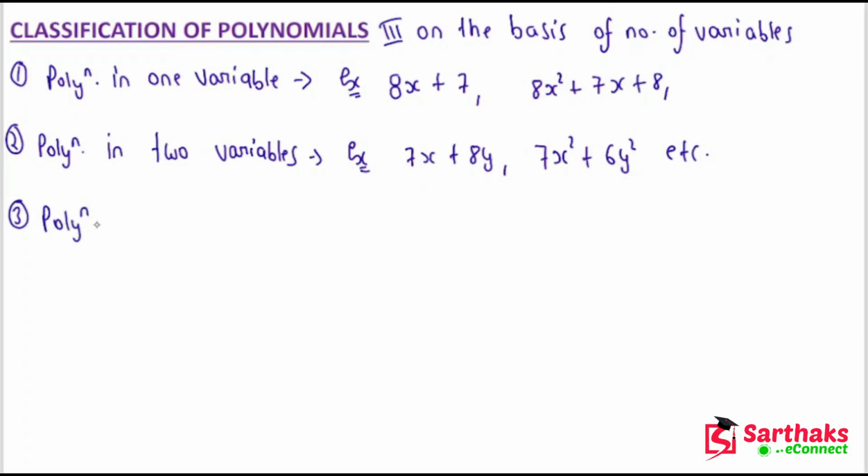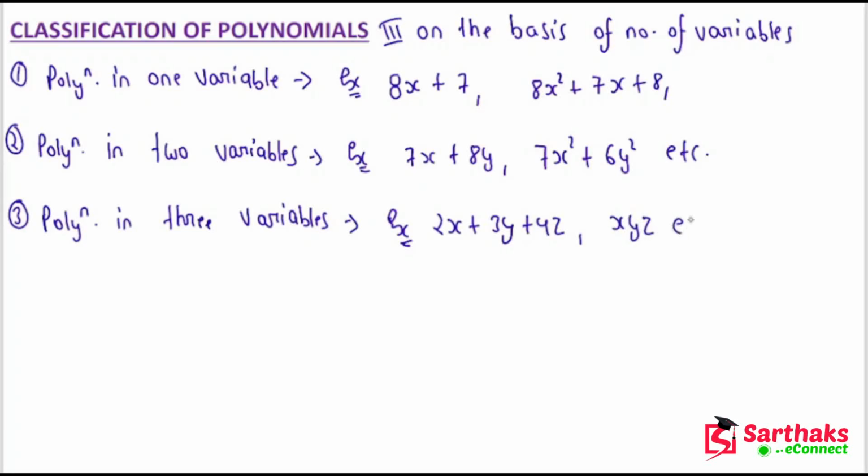Similarly, we can have polynomials in three variables. Now what are polynomials in three variables? It is a polynomial which involves three different kinds of variables, that is three unknown quantities. For example, 2x plus 3y plus 4z, or you can have xyz, etc.